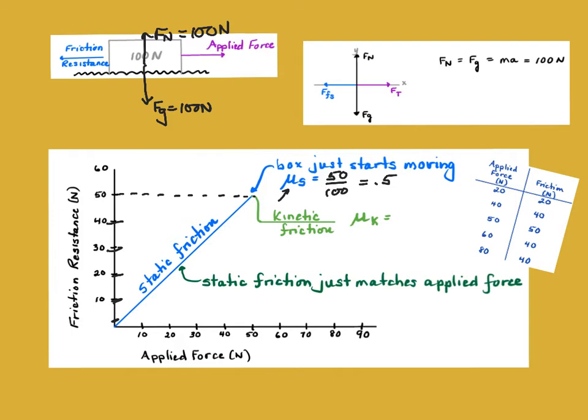Okay? It is simply the ratio of the force needed to move the object divided by the normal force. So it took 50 Newtons to move it, divided by 100 Newtons, which is the normal force.